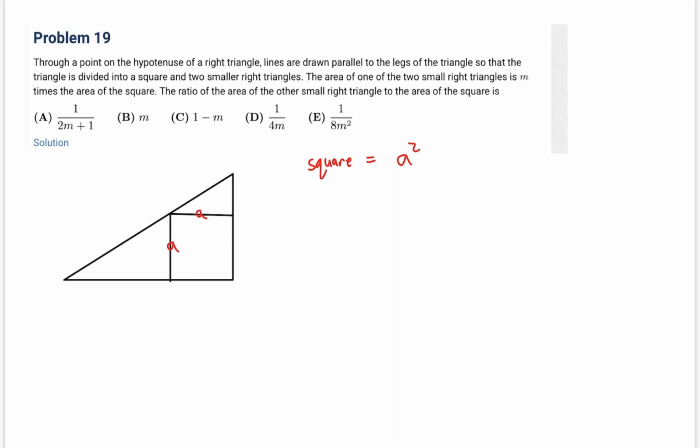But if we call this b, then the triangle is 1/2 ab, but this is m times the area of the square, so it's m a squared. So if we cross off 1 a and 1 a here, then we can see that b equals 2ma.